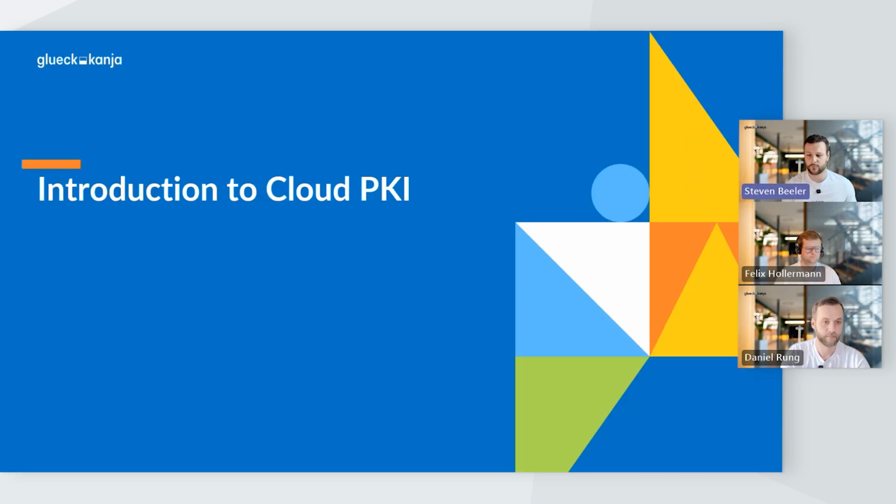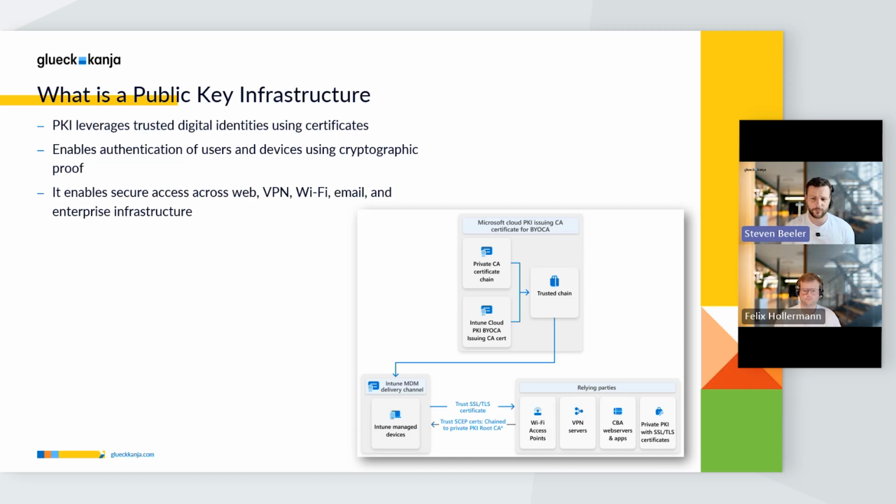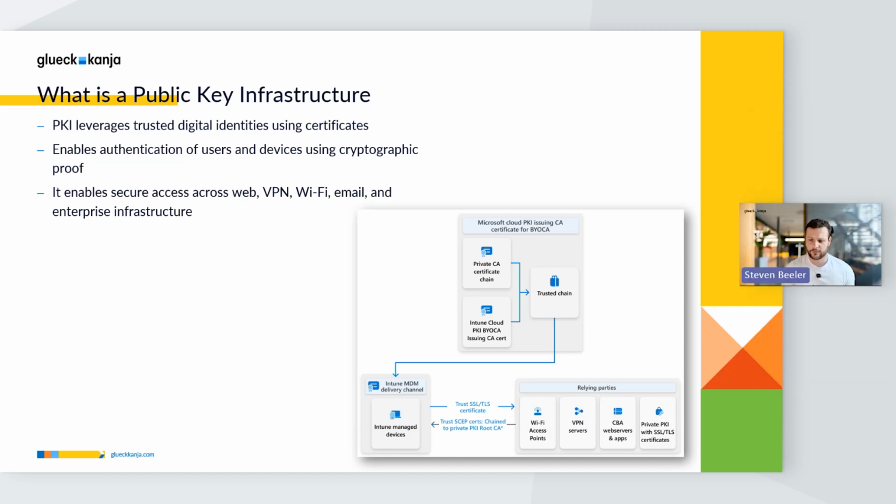So let me start with a general introduction. First, I want to look at PKI in general, because this is usually more of an infrastructure topic and less of a workplace topic. So let us just get a general understanding of what a public key infrastructure is. A public key infrastructure, or PKI, is used to create certificates that prove that your identity is legitimate.